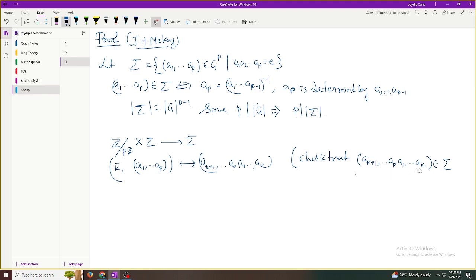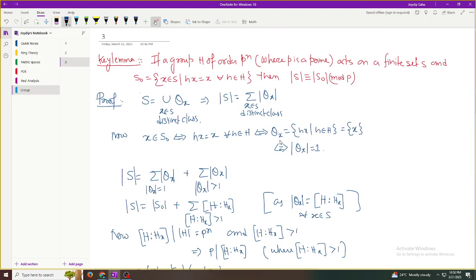That means the product of these elements is the identity, and this is a group action. Check it.